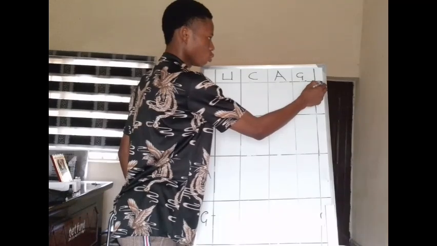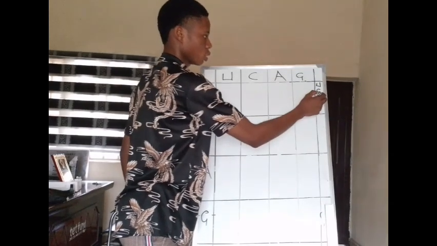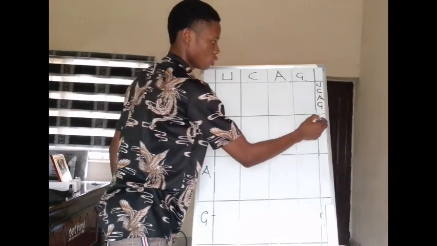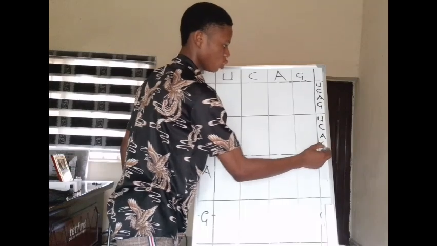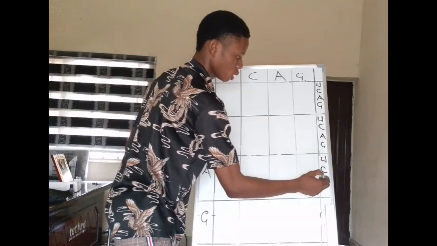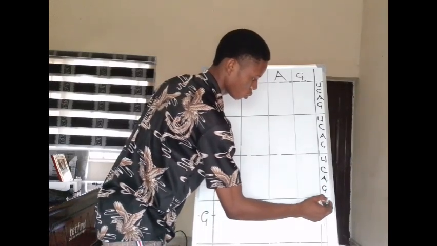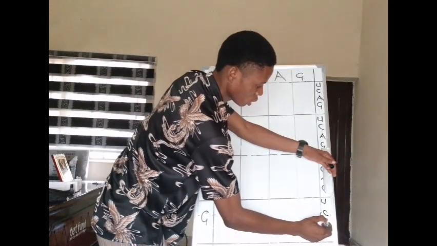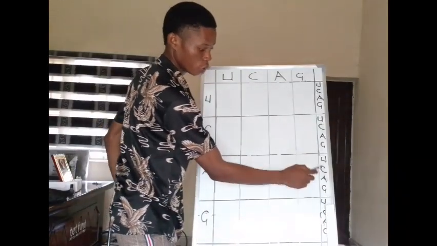I'm going to write here U, C, A, G. I'll do the same thing here: U, C, A, G. And the same thing here, and here: U, C, A, and G. So basically the same thing here is what is here.